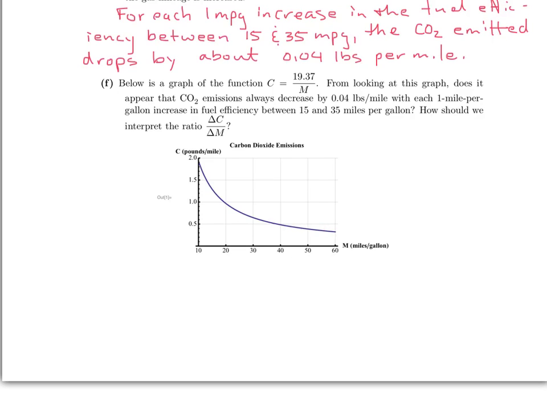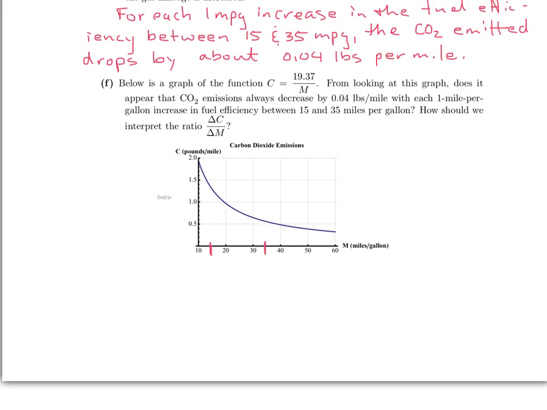You can also notice or locate on the graph the two total changes that we calculated above. For example, 15 miles per gallon would be right there. 35 miles per gallon would be right there.